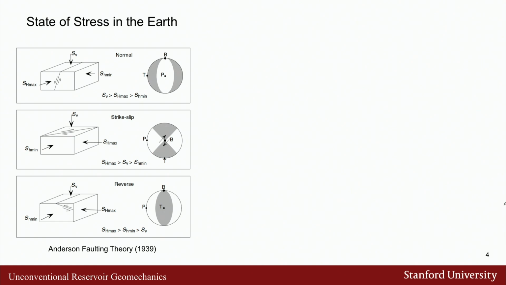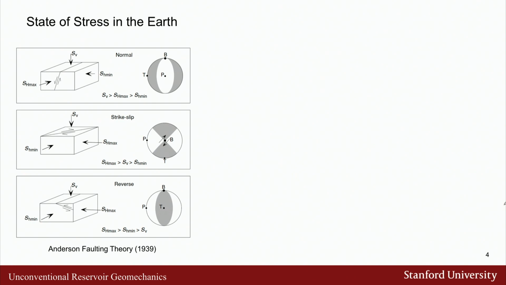In a strike-slip faulting environment, the vertical stress is intermediate, and the maximum horizontal stress is the largest stress. If a fault among many other faults in a volume of rock is active today in a strike-slip faulting environment, it's a near vertical fault that strikes about 30 degrees from the direction of SH max.